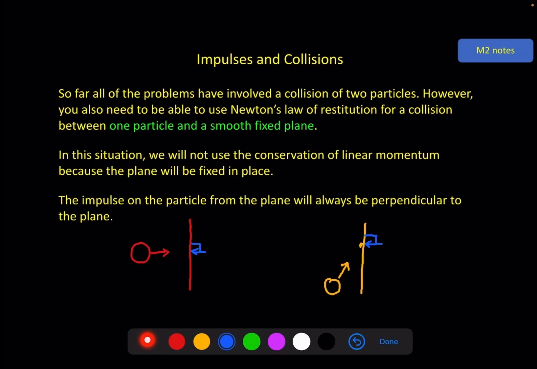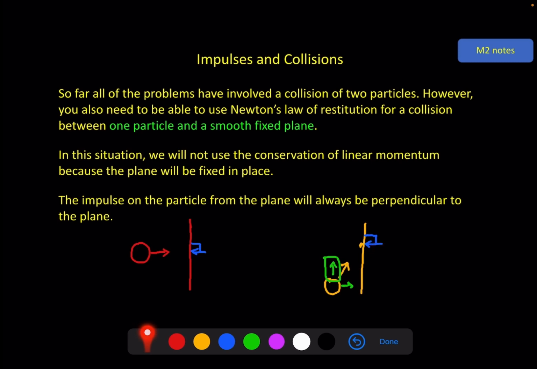What this means is, if in an unlikely situation you had a question like this, you would have to split this into its component parts, perpendicular and parallel to the wall, and this part of the velocity would not change. It would not be affected by the impulse. Only the component perpendicular to the wall would be affected by this impulse.